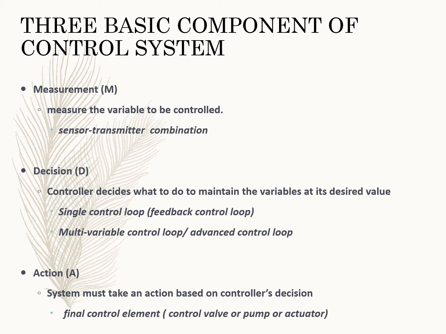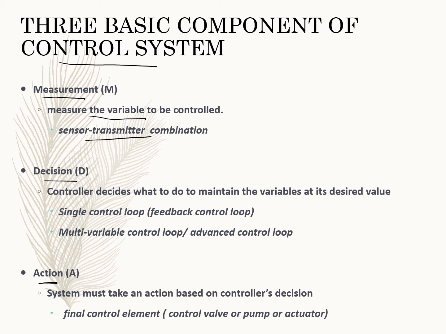We have three basic components of a control system, which are measurement, decision, and action. Measurement: the function is to measure the variable to be controlled. Normally a sensor or sensor-transmitter combination is used to measure the variable to be controlled.